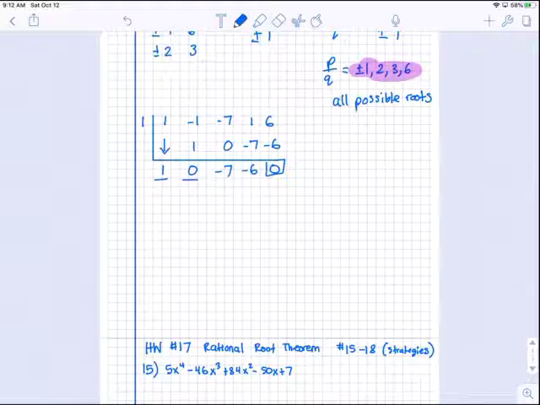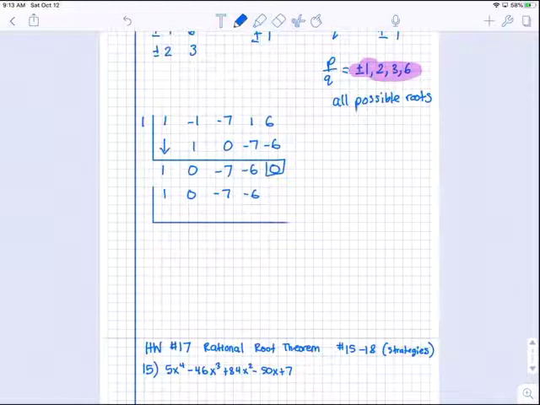So since we can't stop and we still have to get more roots from our possible roots list, let's just guess another one and use these new coefficients for synthetic division. I'm going to write 1, 0, -6, -7, -6. And now we have to guess another one.